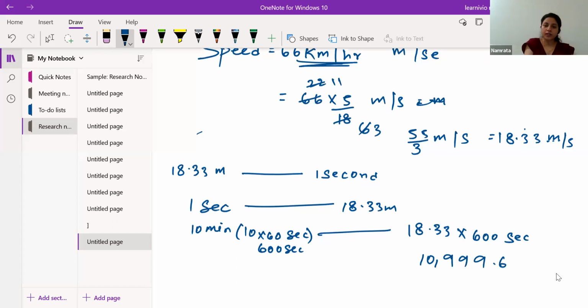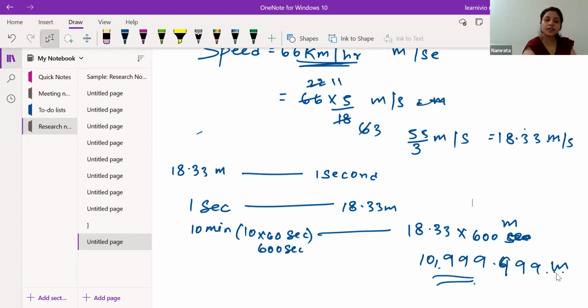So we will get about 10,999.99. This is not in seconds, this is in meter. Total this much meter I got.